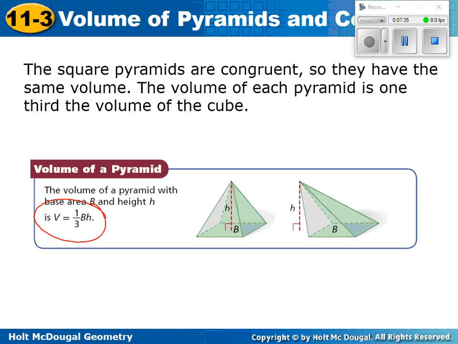Look up here again. Sometimes they're going to give you this edge length and this edge length. So you may first have to find your slant height by using this right triangle. And then you can find your H height by using this right triangle.